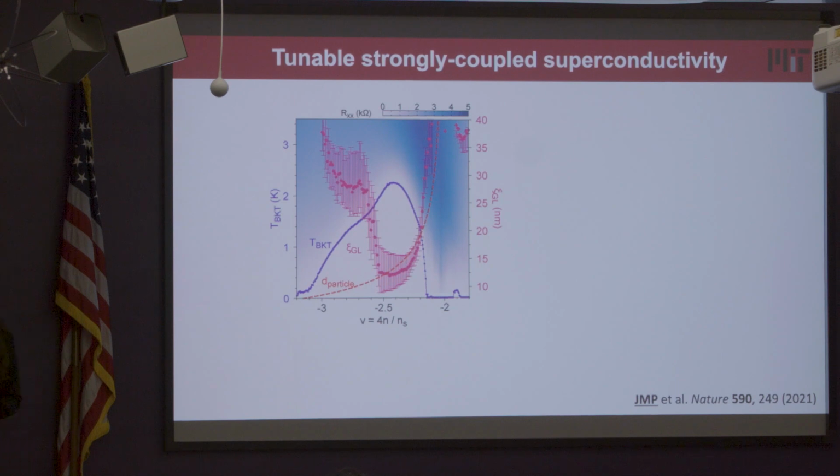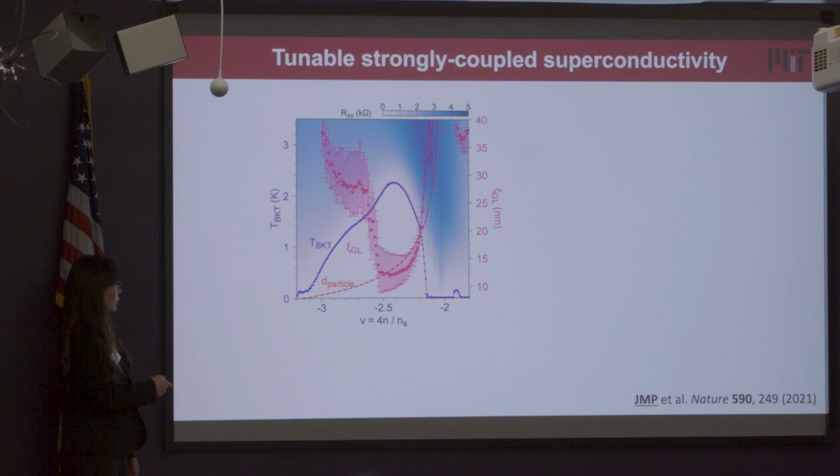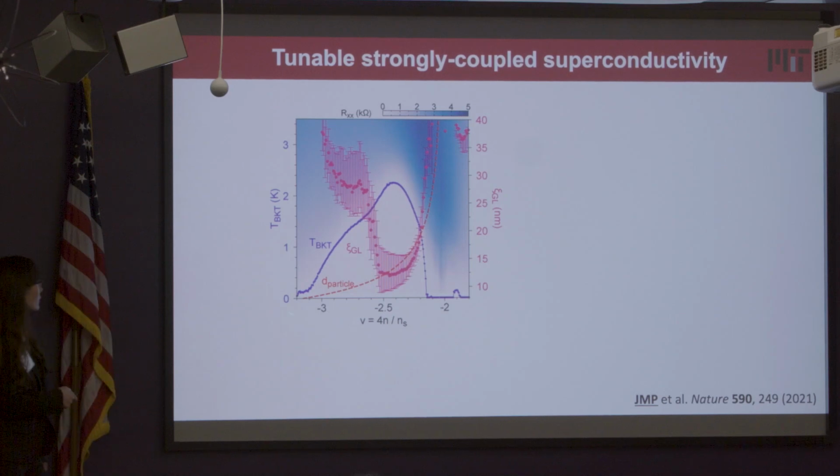Yeah, so we saw that there's this superconductivity that's not really weakly coupled, and it's emanating from the half filling carriers. But we can also show you that the superconductivity is not just not weakly coupled, but it's actually very strongly coupled. So we can first measure this Ginzburg-Landau coherence length, which is shown in this pink plot, and compare it to the average inter-particle distance.